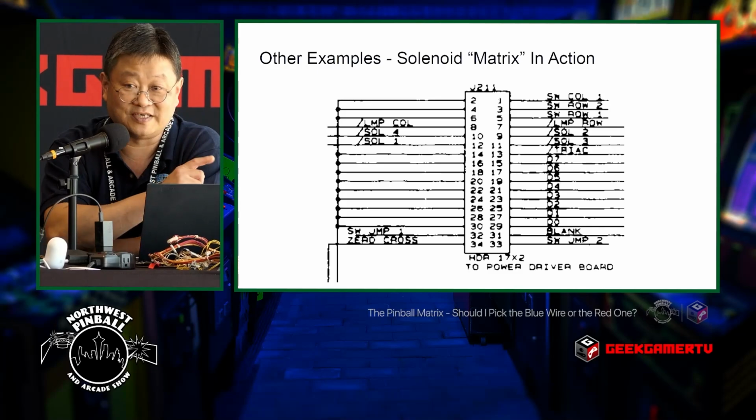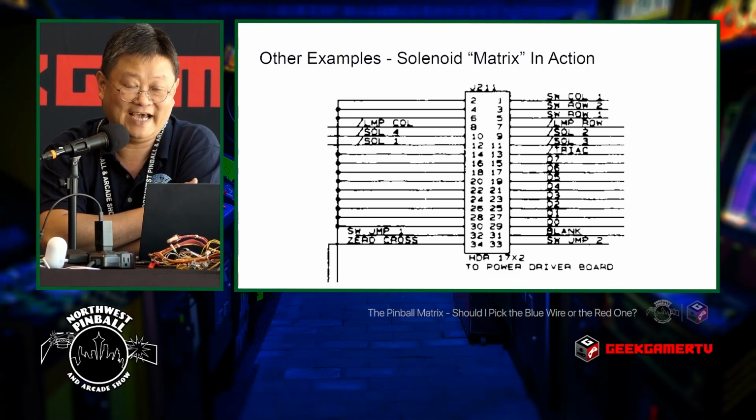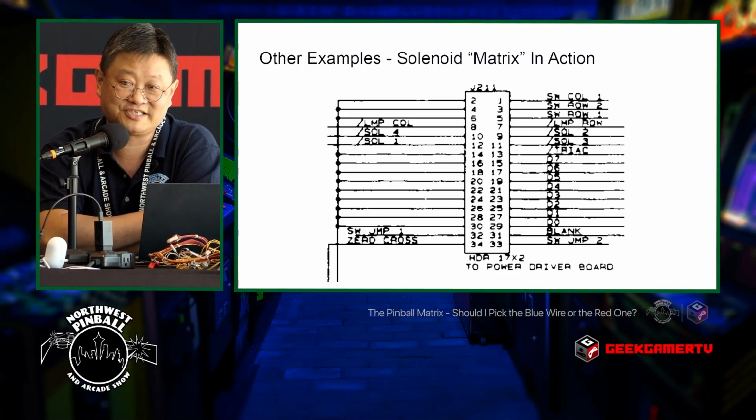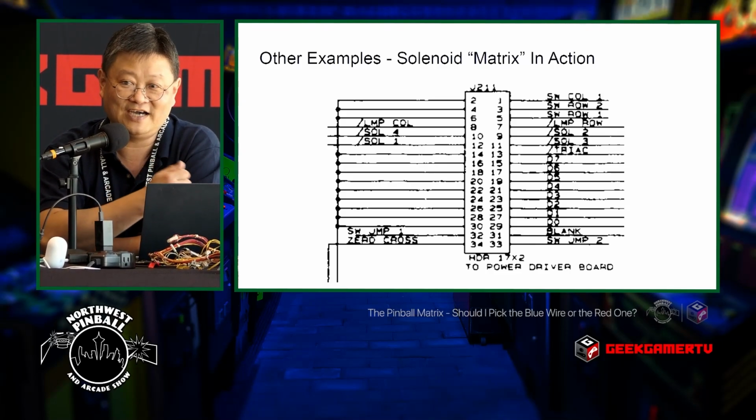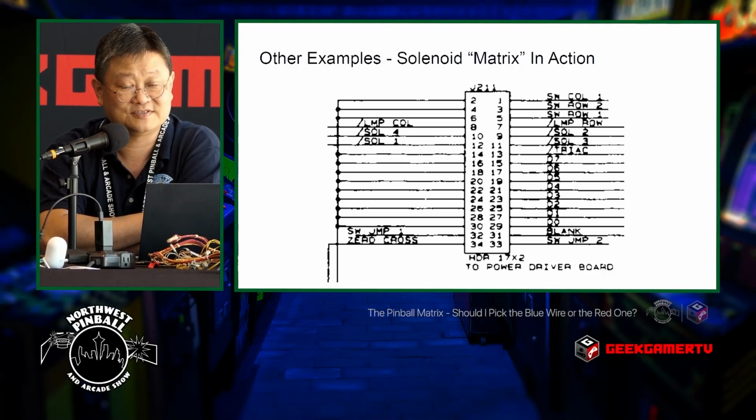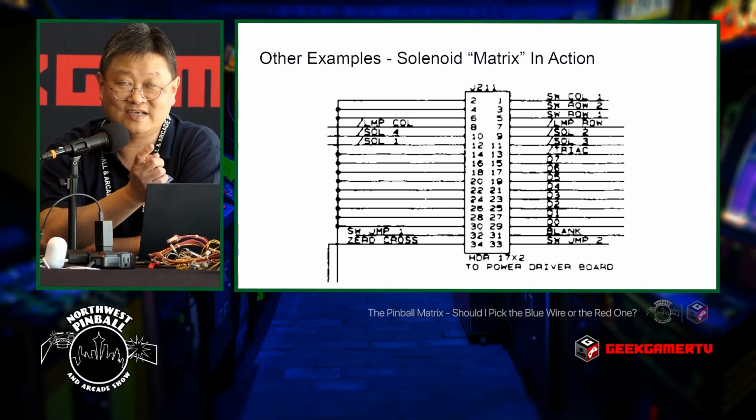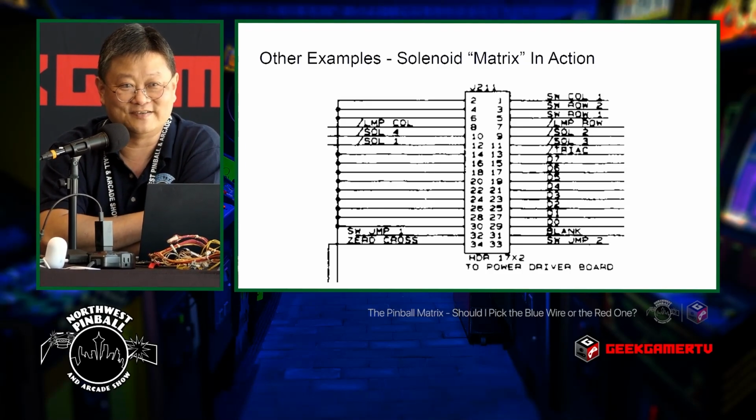The consequence of this is that you can actually look at the failures and see failures in different ways. So for instance, if you go to a machine and solenoid 5 doesn't work, and solenoid 13 doesn't work, and solenoid 29 doesn't work, and solenoid 21 doesn't work, you can see that those are all multiples of 8 plus 5.